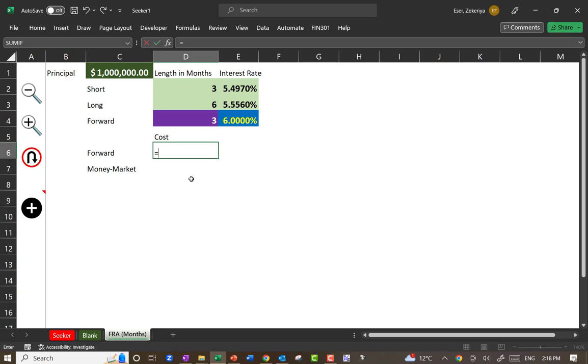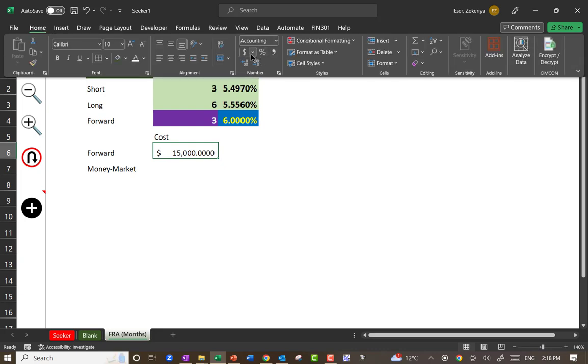Cost of the forward is simple. Take the principal, multiply it with the forward rate, divided by 12 over the length of the forwards. So if it's 3 months, that's going to be 4. If it's 6 months, that's going to be 2. And you know, they're not terribly surprised that that number is actually 15,000.